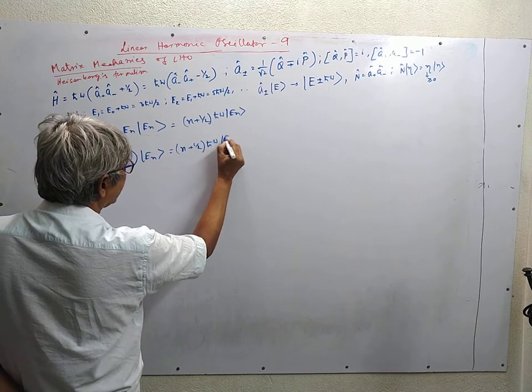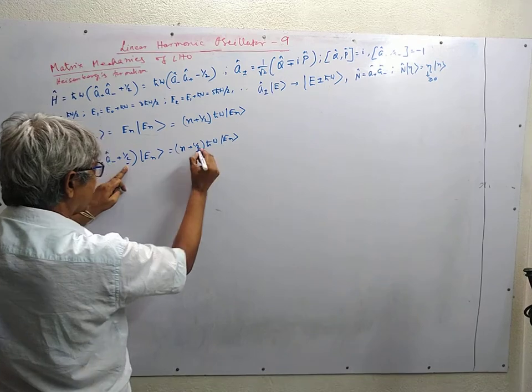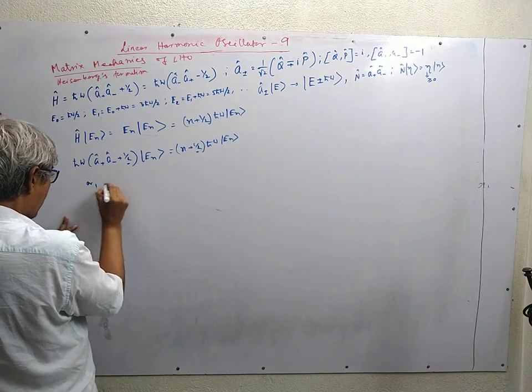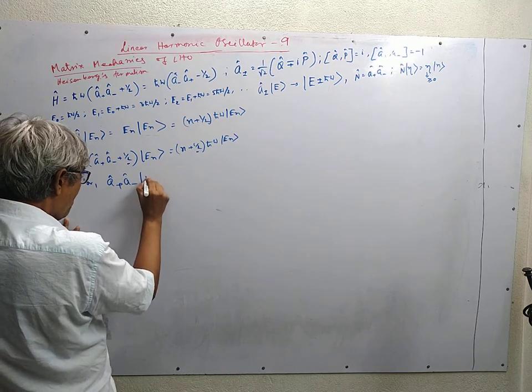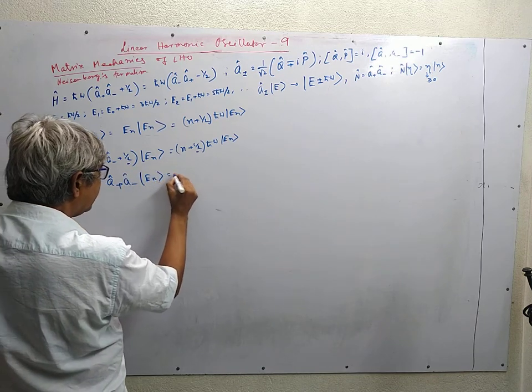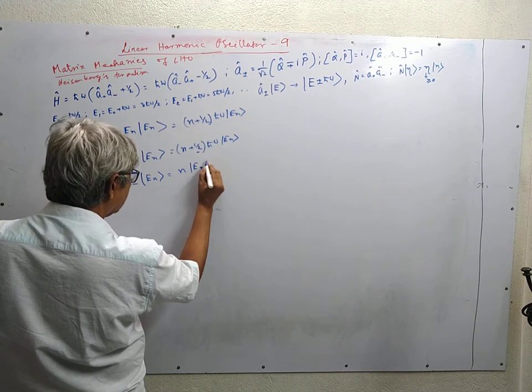Now this term cancels on either side, and we arrive at A plus A minus operating on En is equal to n En.